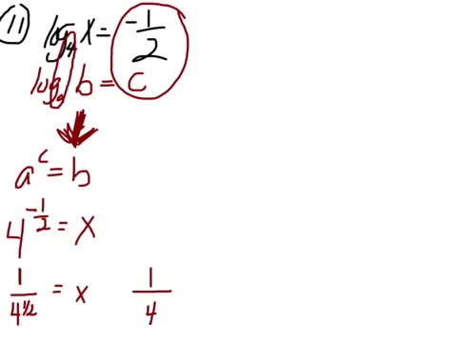Not divide by 2, but it's a radical. When I write things with a fractional exponent, the bottom tells me what root to take. A square root is the same thing as raising something to the 1/2 power. It looks kind of weird, but it's really just the square root of 4. So that's just 1 over 2. Ta-da, I'm done with that one.